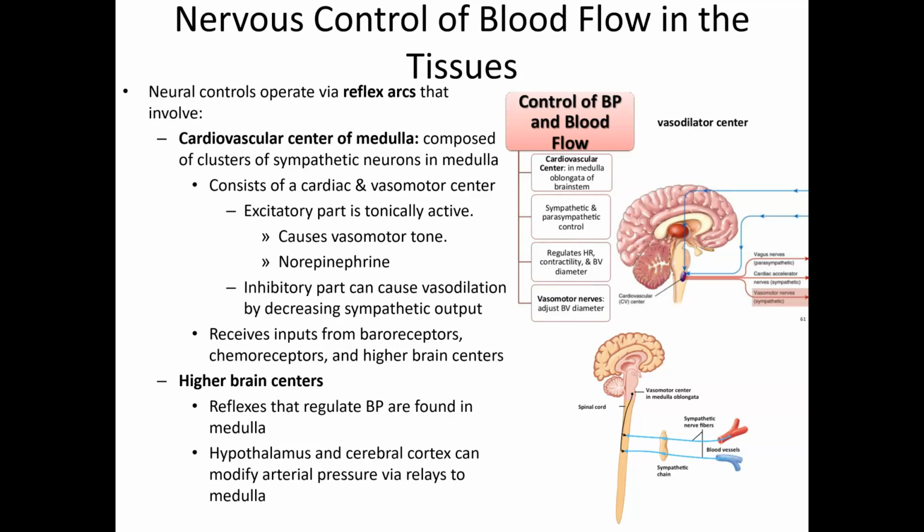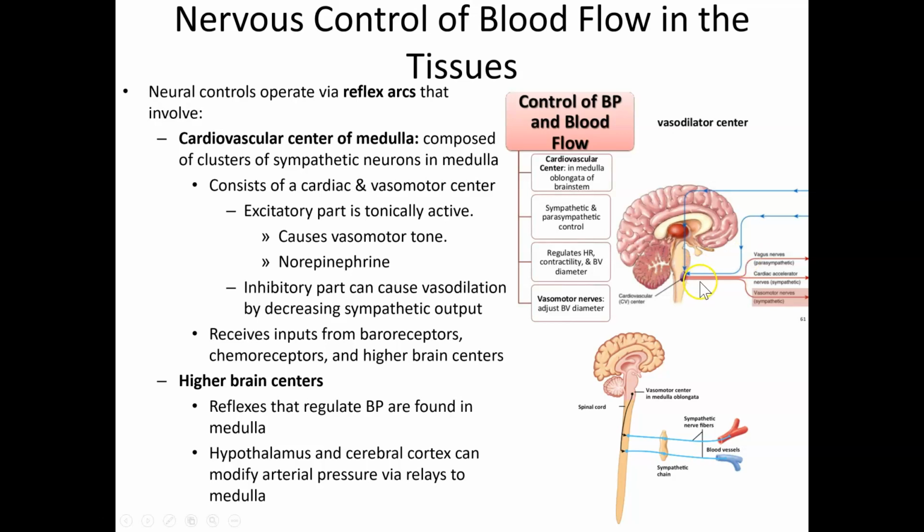We break it down into a cardiac and vasomotor center, and this area of our medulla is going to be the excitatory part that is tonically active. So it's going to cause our vasomotor tone and also release of norepinephrine. The inhibitory part can cause vasodilation by decreasing the sympathetic output. So notice how we are not talking about any role for parasympathetics here, but just the sympathetic.